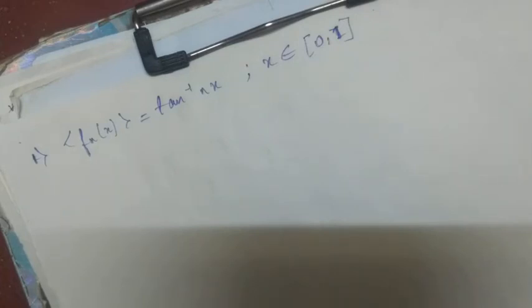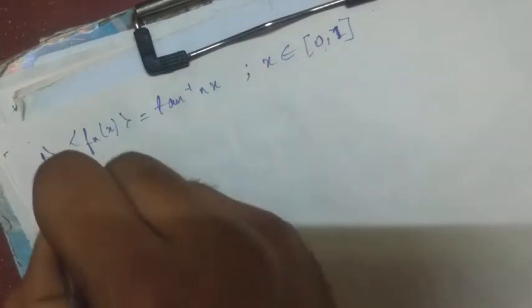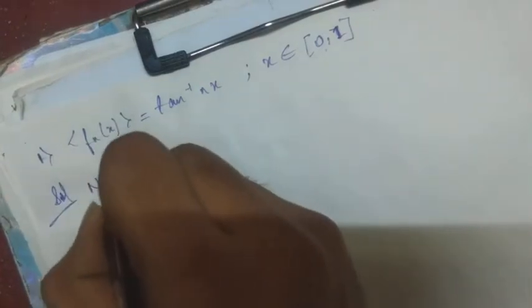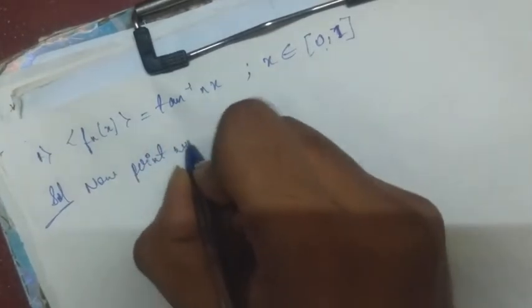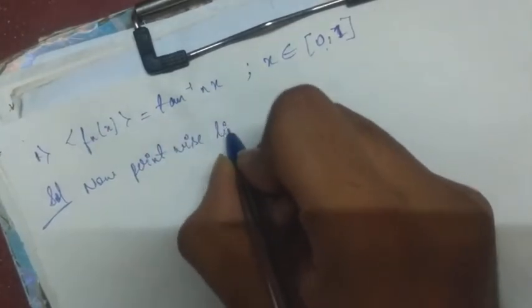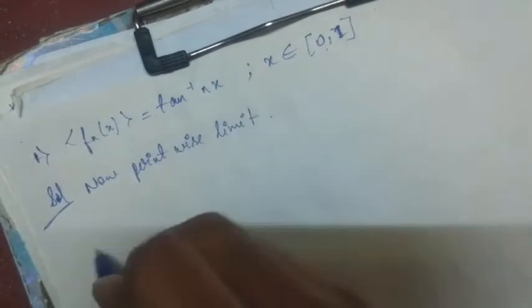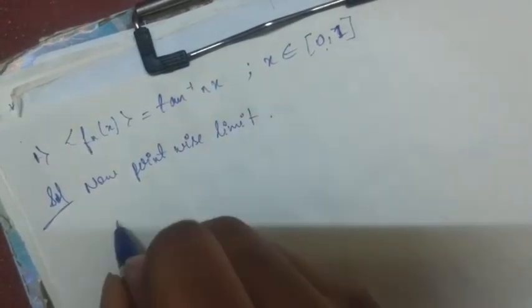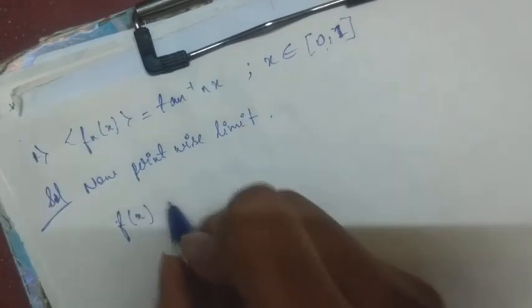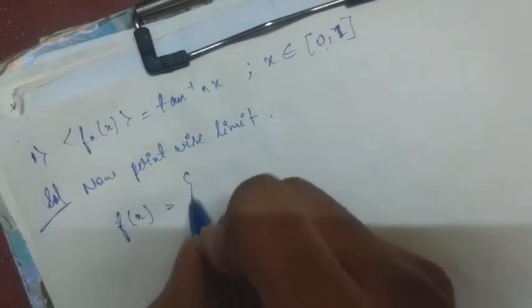Is it uniformly convergent on this given interval? Let's take the pointwise limit. Let's take x = 0 first.